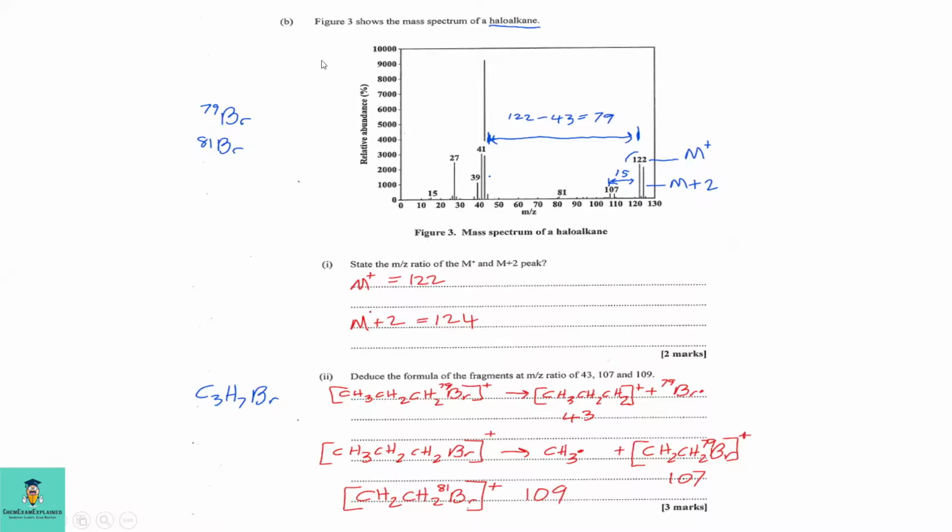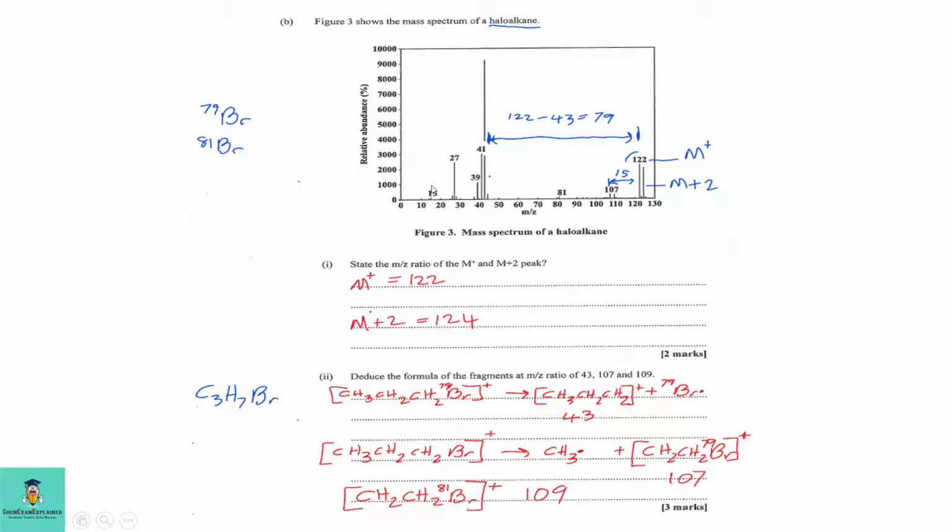To part B. Figure 3 shows the mass spectrum of a haloalkane. Now, if you look at the spectrum, you can see the various lines.